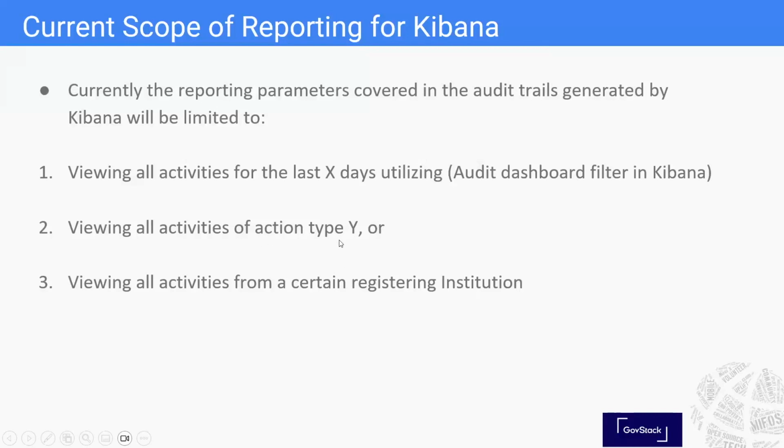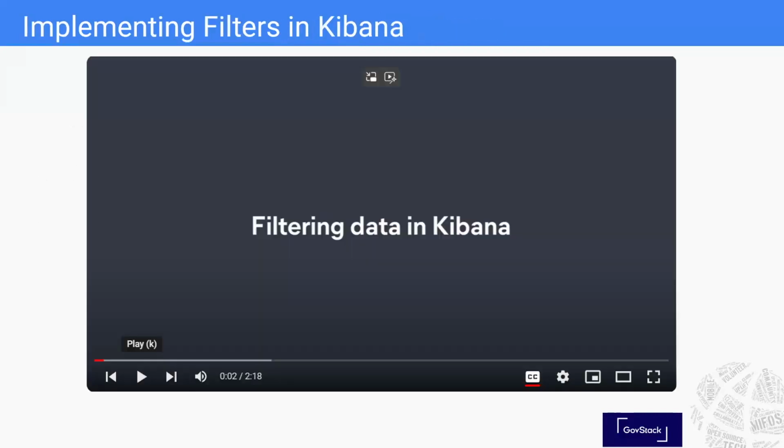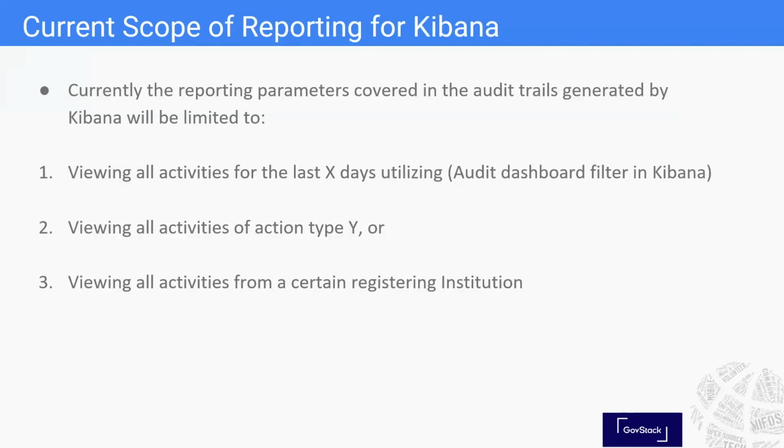And because of that, it is able to pick up a specific action and show the reports matching to that. And then it also lets you view activities from a certain registering institution. So these are the capabilities that have been configured right now in our current implementation. But of course, they could be updated and used as per the requirements.